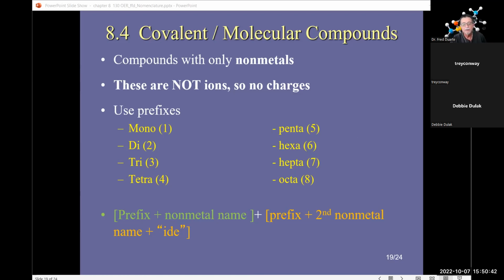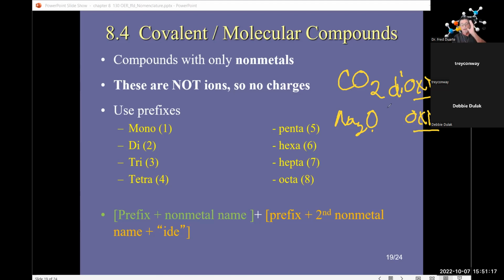Recall that for the nonmetal with a negative oxidation number, like oxygen, we use carbon dioxide versus sodium oxide. In both cases, we use the term oxide. The difference is that for covalent compounds, we use the prefix, dioxide, but the oxide part for the oxygen remains the same.